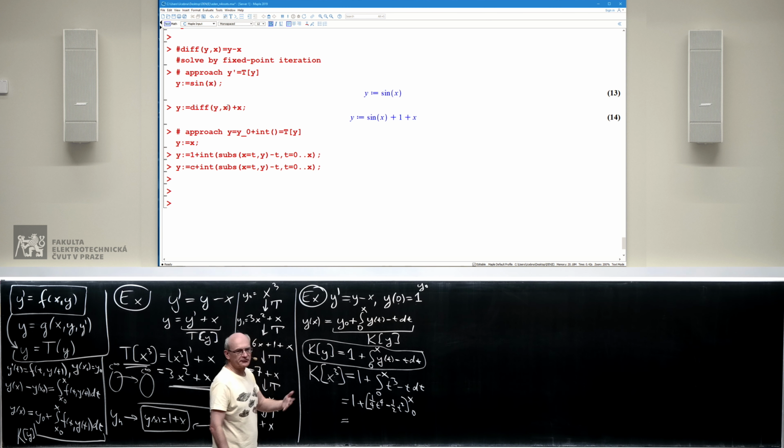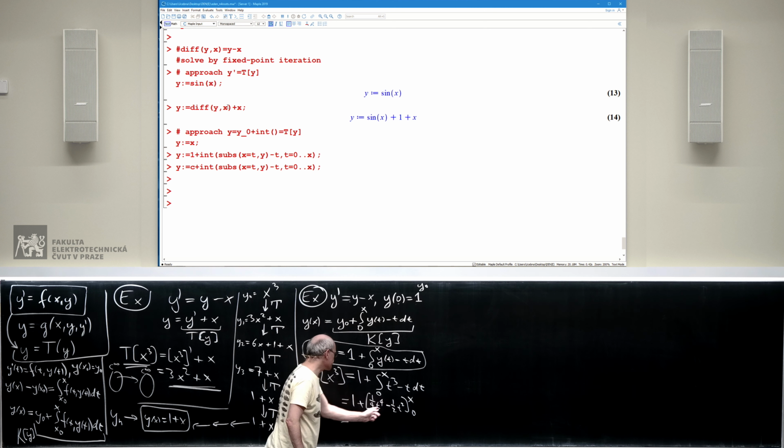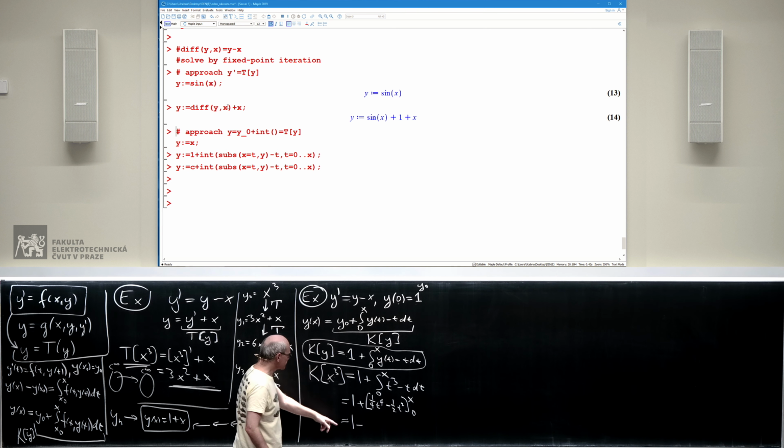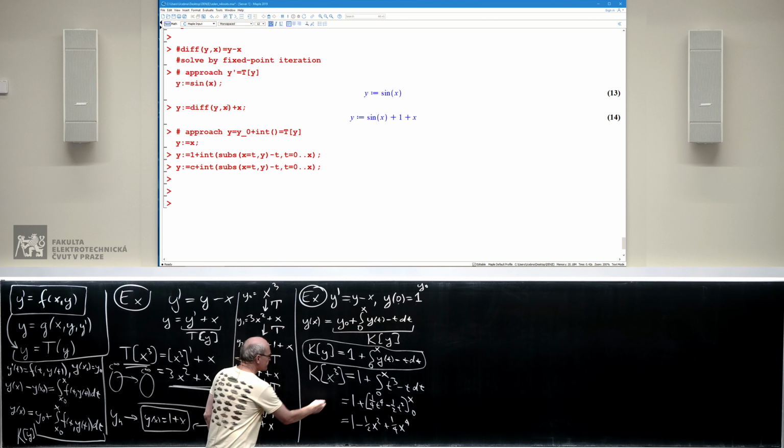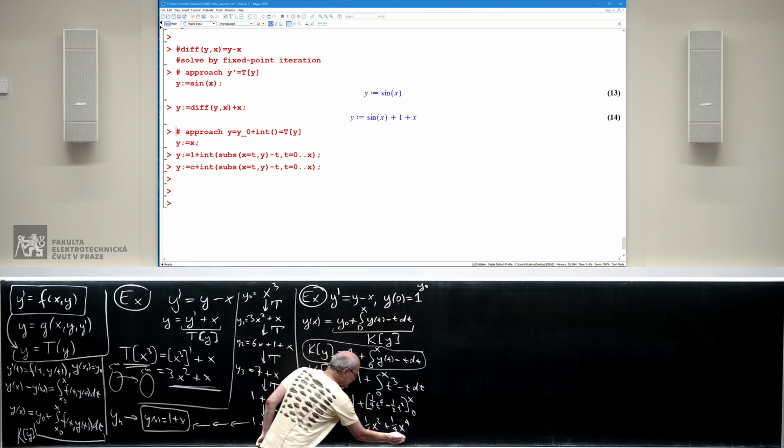And finally, we evaluate. Actually, I'm going to switch the order of powers because I like it better when they go one after another. So it will be 1 minus 1/2 x squared plus 1 over 4 x to the power 4, and that's it, because when I substitute 0, I get zeros. So when x cubed is used as input for this mapping k, this will be the output.